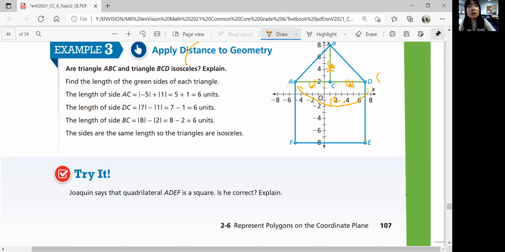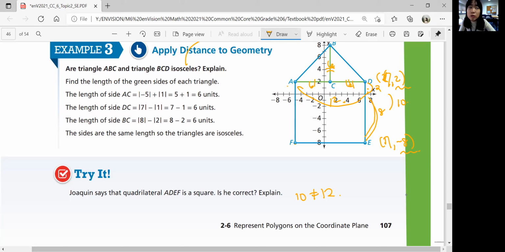The coordinates of D should be 7, 2. Coordinates of E should be 7, -8. So let's look at your vertical distance. They're in different quadrants, so the values of the points should be added. 8 plus 2 should be 10. 10 is not equal to 12.